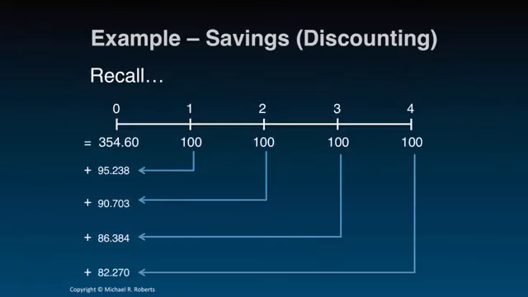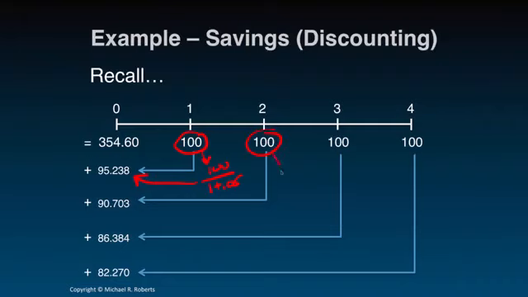Well, recall, the first thing we do is we lay out a timeline. And here are our cash flows. We're going to be withdrawing $100 a year over the next 4 years. And the question is asking, how much do we need today? So what we did is we discounted each cash flow, each of the $100, by the 5% discount rate to get the present value. So for example, we took this first 100 divided by 1 plus 0.05, and that got us $95.24 approximately.